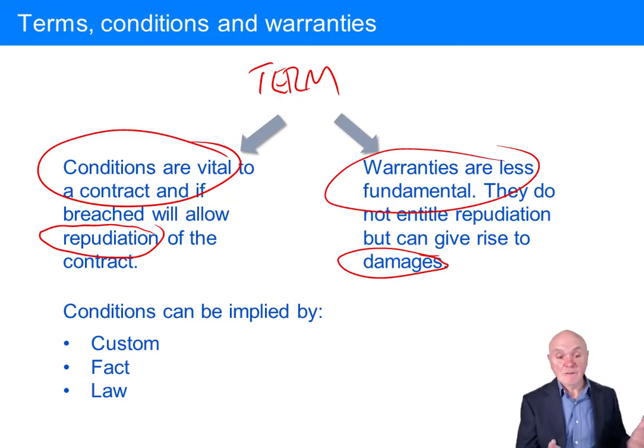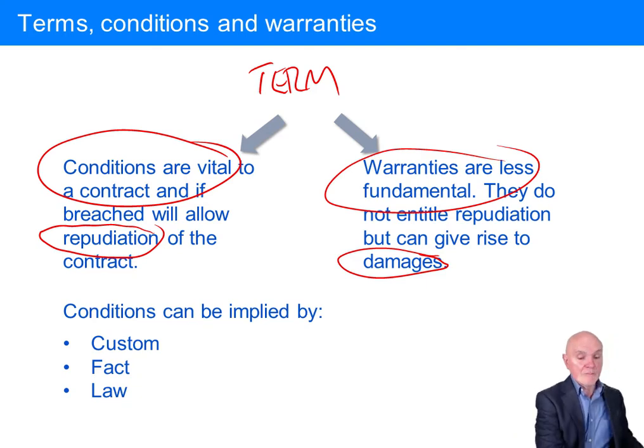It's unlikely that that's going to be a condition. It's going to be a warranty. So really, conditions and warranties can be applied by custom, or they could be applied by fact or law.